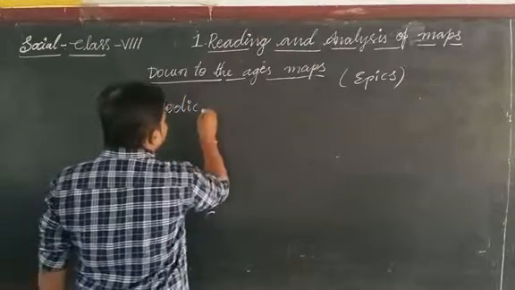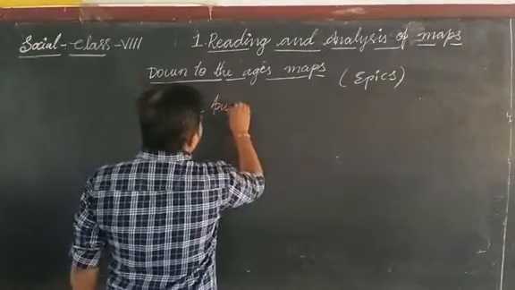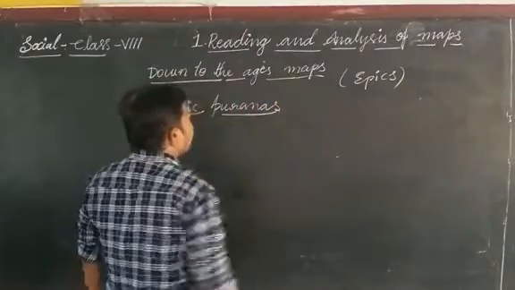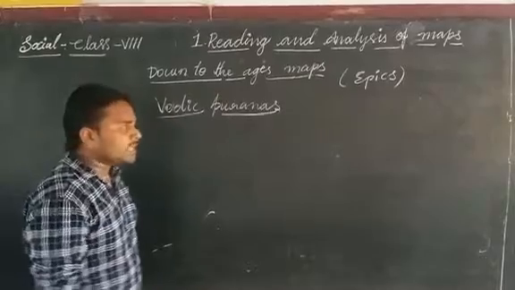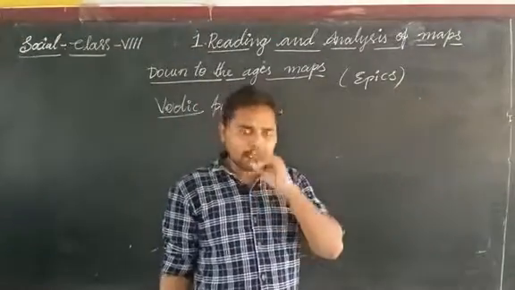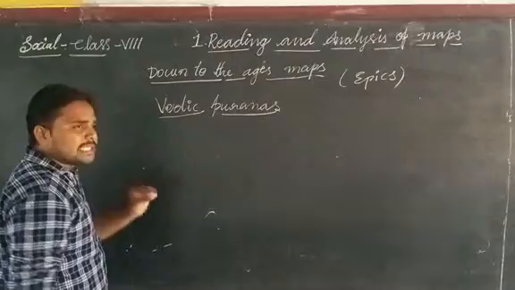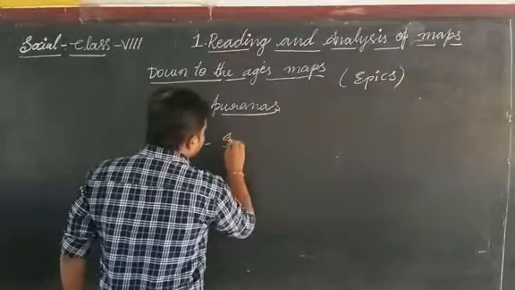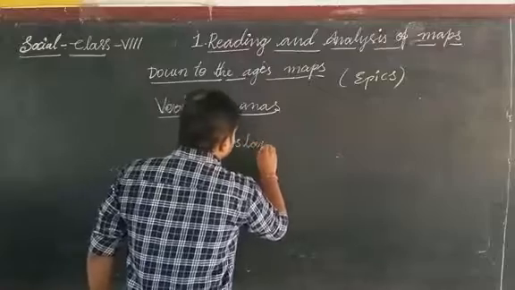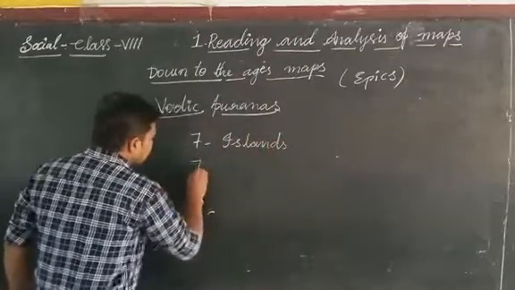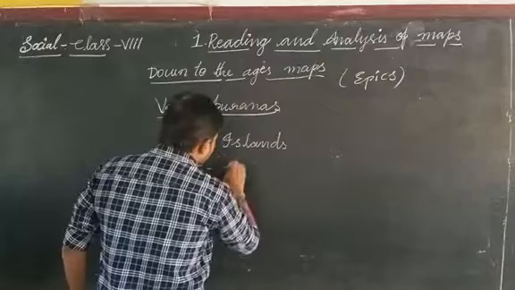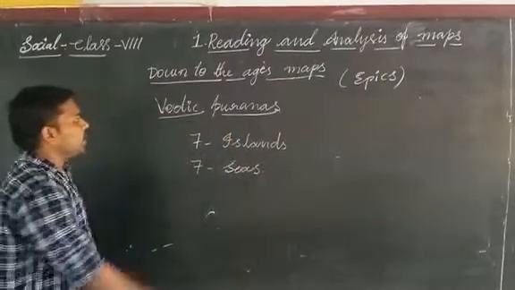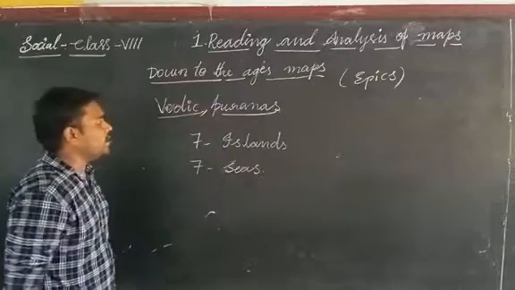According to the Vedic and Puranas period, the entire earth is divided into seven continents or seven islands and seven seas. Okay, according to the Vedic and Puranas.